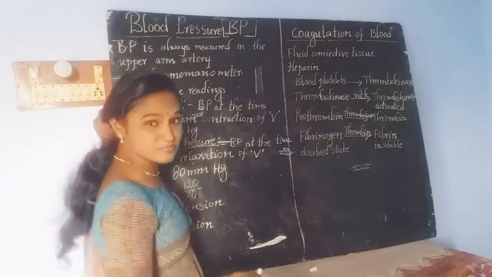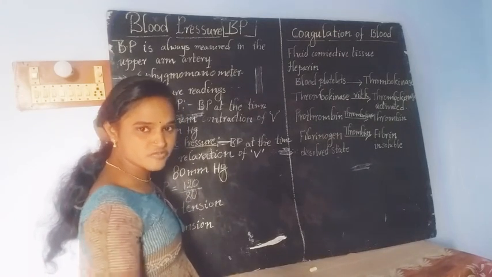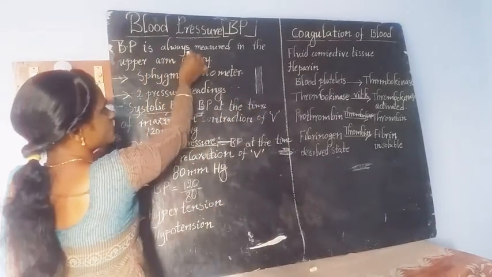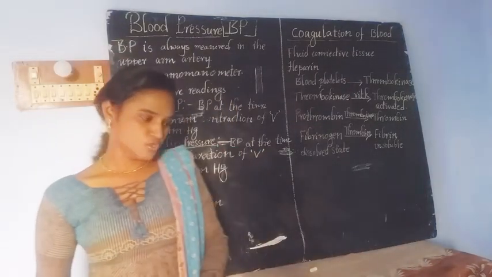We have heard this word in general. Many people are suffering with BP. In our homes also, some of our family members suffer with BP. BP is always measured in the upper arm artery.